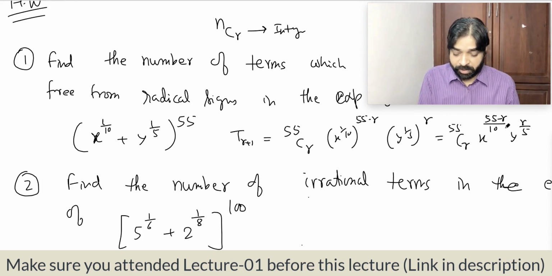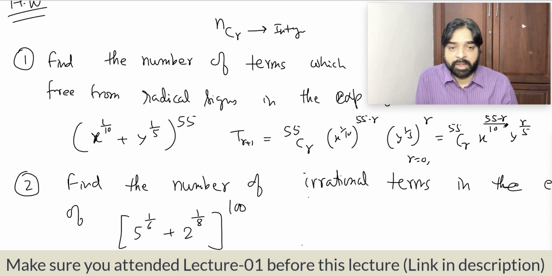What are the possible situations that can happen? One possibility is r equal to 0. This one will be an integer, but x power 1 by 10 is there, no?